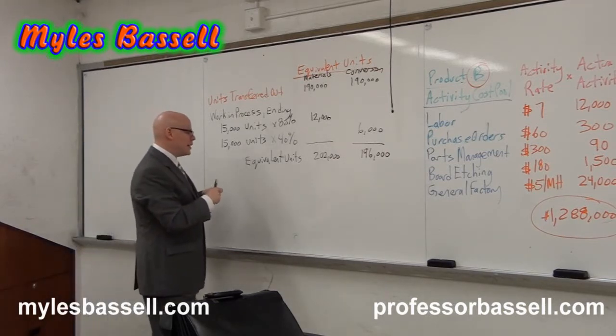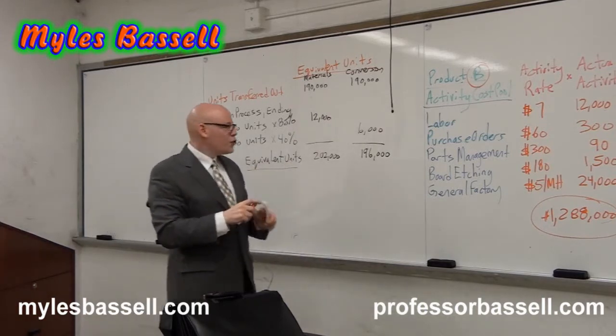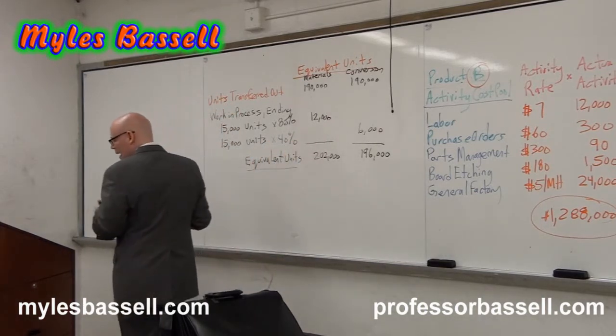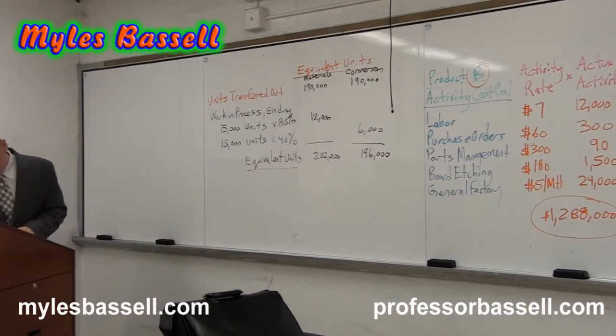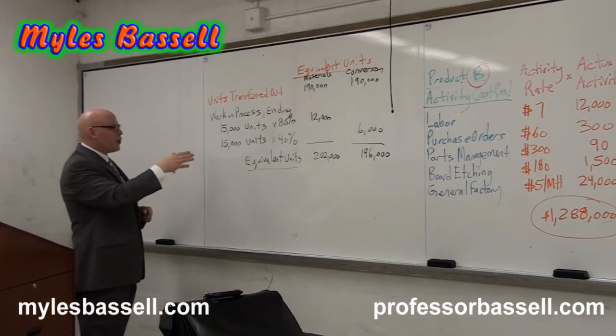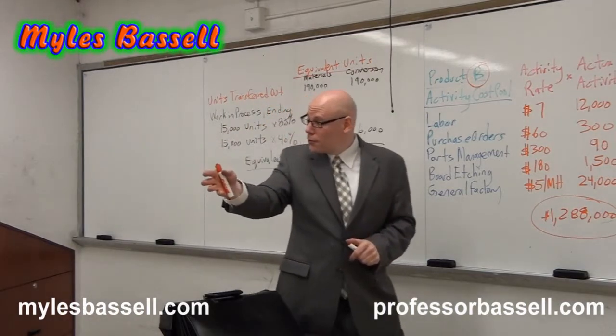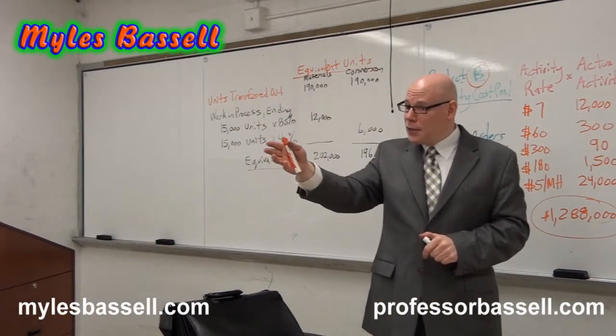Because what we're trying to figure out is the equivalent units. So in this case, they tell us that conversion is 40%. What that means is that 40% of the work in process was converted into finished goods. Isn't that what that means?